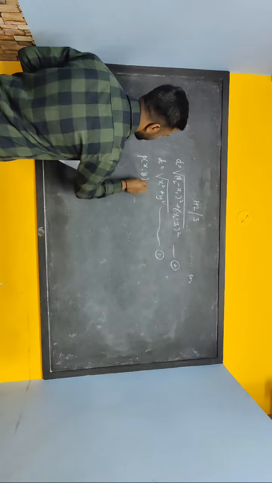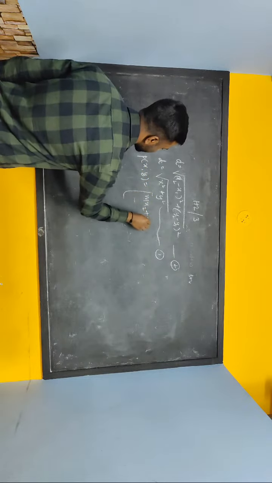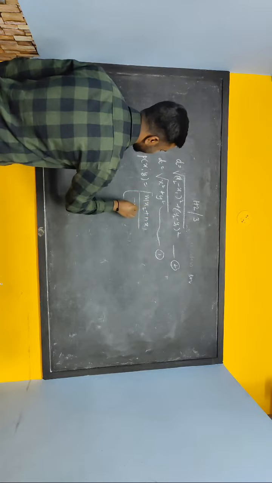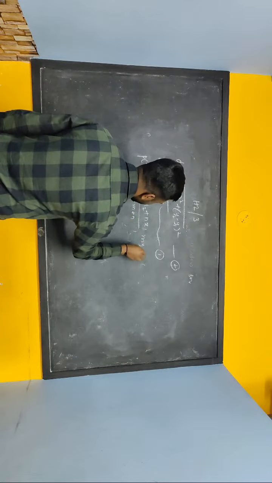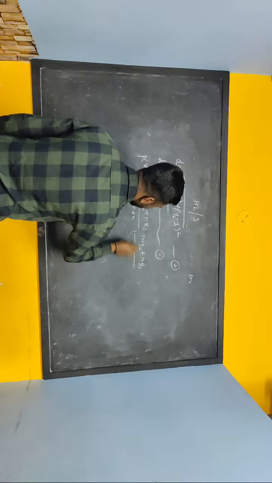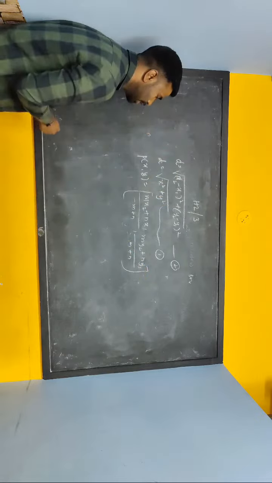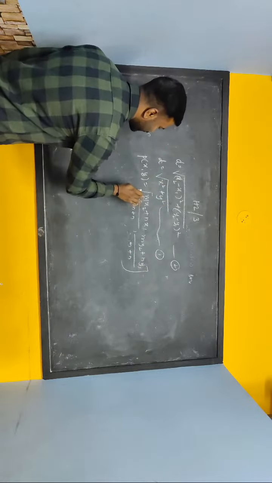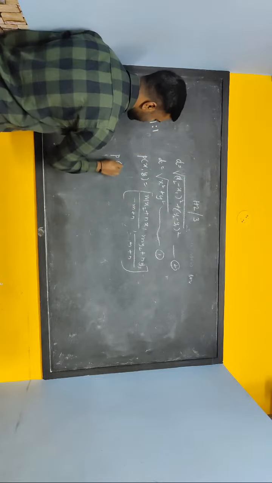Also the section formula: P of (x, y) equals (m x2 plus n x1) divided by (m plus n), and (m y2 plus n y1) divided by (m plus n). Now, if it is divided in the ratio 1:1, that means it is a midpoint, right?